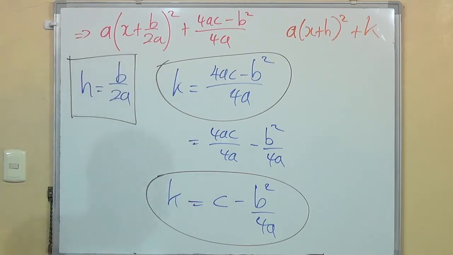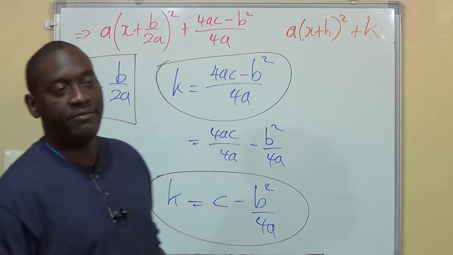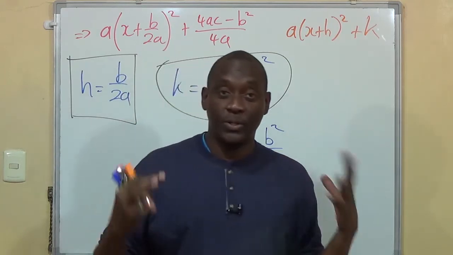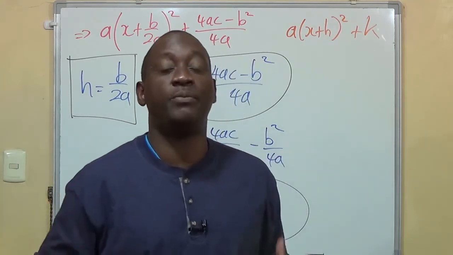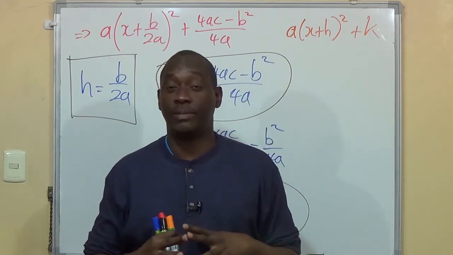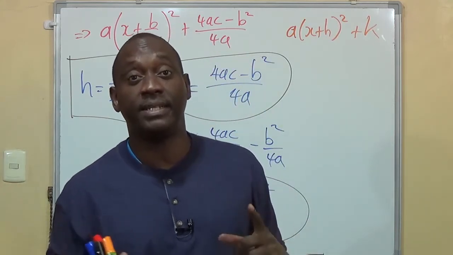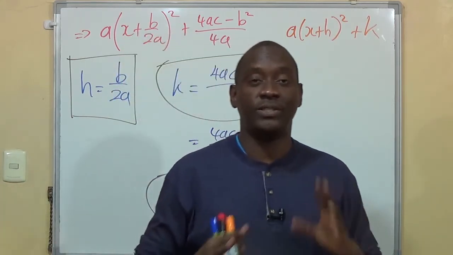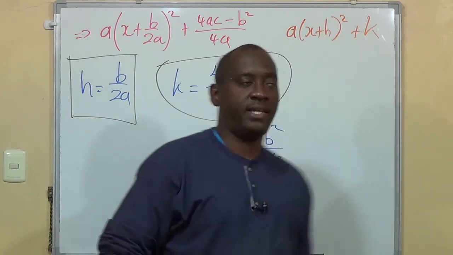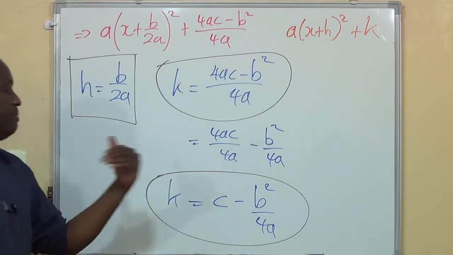And why am I going through all of this? Because what we now have here are the values of the expressions of the entities that people use when they take the formula approach to completing the square. Remember, at the very start of my series on completing the square, 12 videos and all, in the very first video, I made the point explicitly that I was not going to go down the road of just giving people a formula and saying, well, h is equal to b over 2a and k is equal to c minus b squared over 4a.